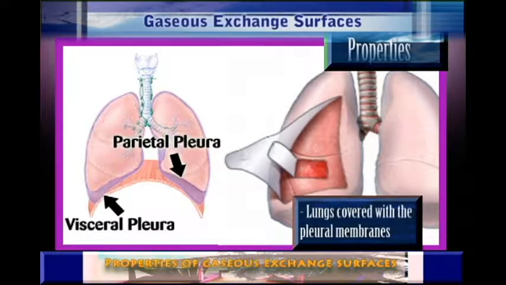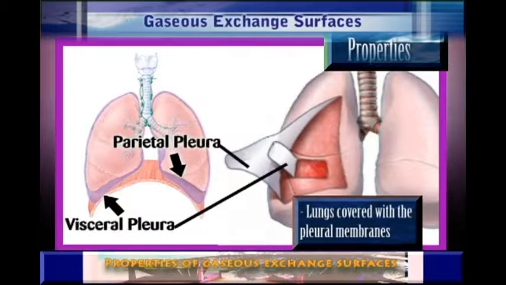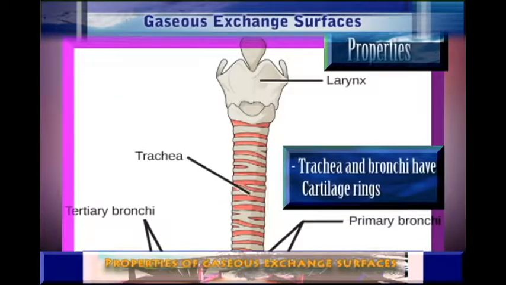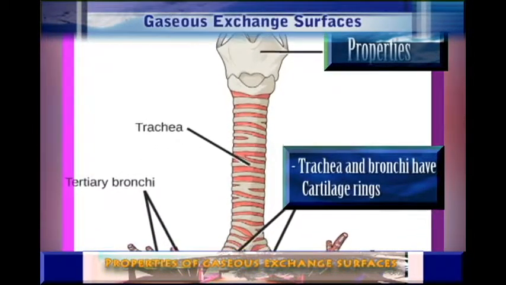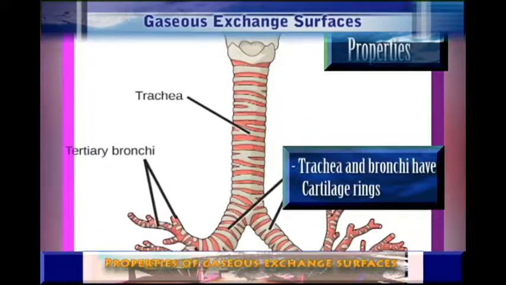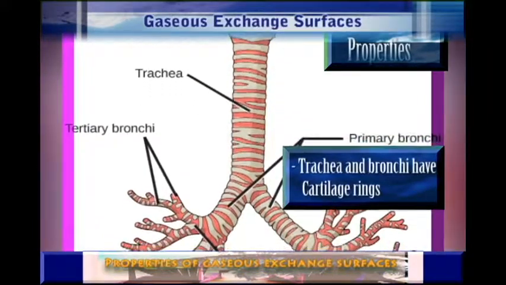So we have been talking about the properties of gaseous exchange surfaces. We have seen that the trachea and the bronchi have cartilage rings which prevent them from falling in, and keep them open.